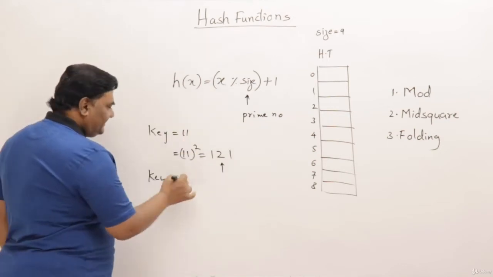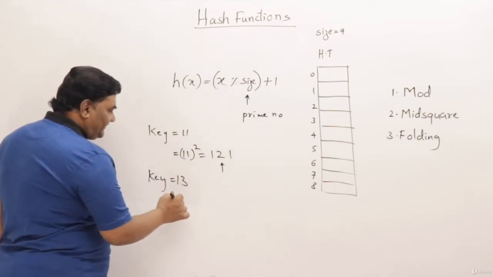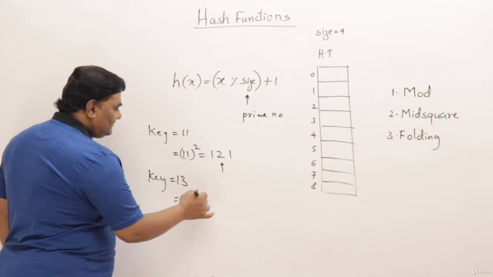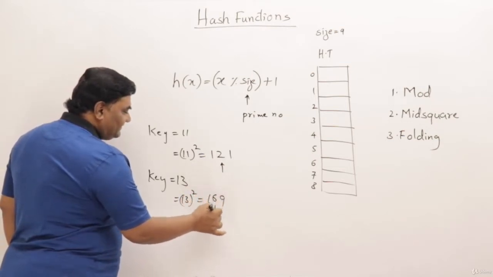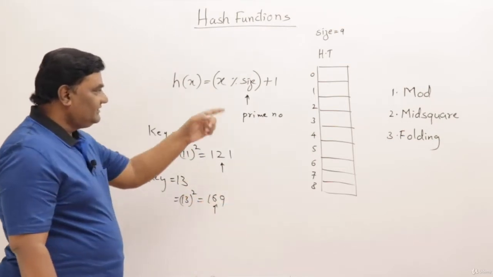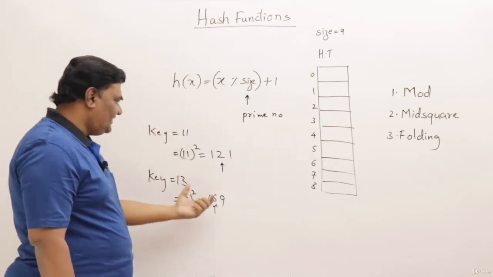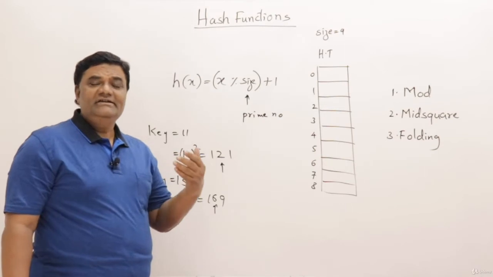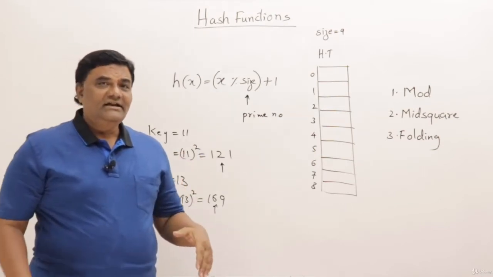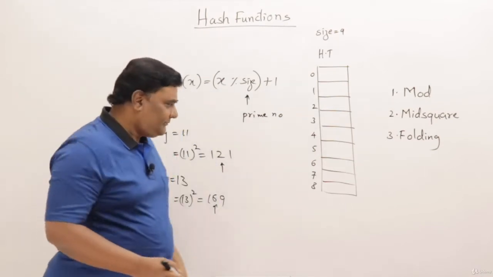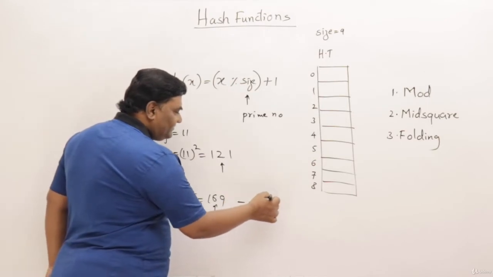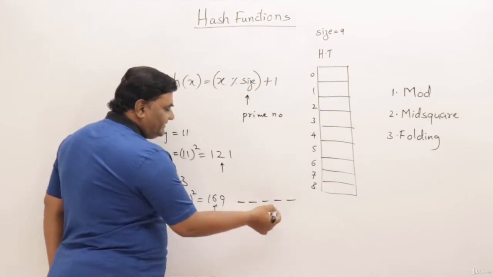I have taken a small number, that is 11. Suppose the key is 13, then perform 13 square, that is 169. Then the middle digit is 6, so it should go to index 6. In my example, I have taken a 2-digit number, so the square of that gives 3 digits. Suppose the key is bigger than this, then you may get more digits. Suppose you have 5 digits, then you can take the middle digit.